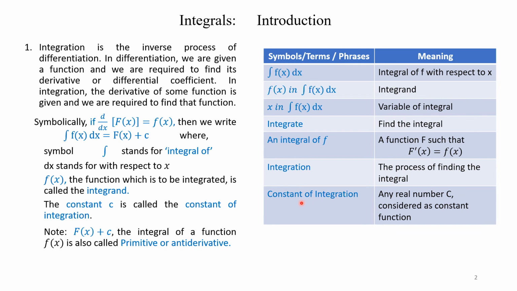Then finally, constant of integration. Constant of integration is any real number and it is represented by capital C usually. Capital C means it is a constant of integration and is considered as the constant of a function. Please remember all these terms which we will be using in this chapter very frequently.